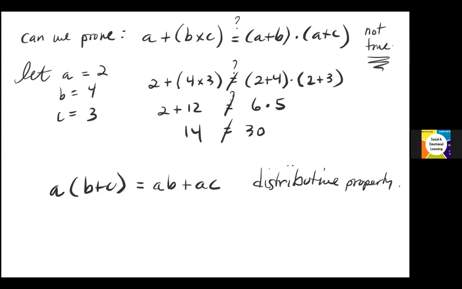But what we have up there is A plus B times C. And they're saying, does that equal A plus B times A plus C? So these are two very different statements.